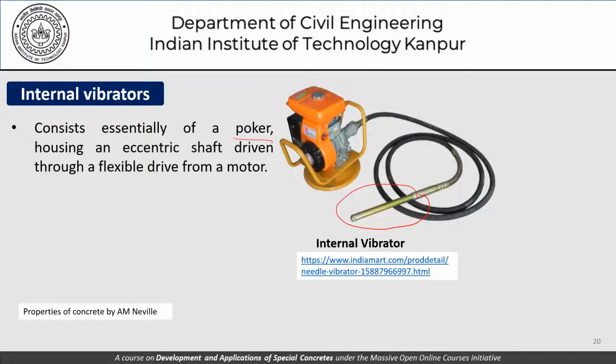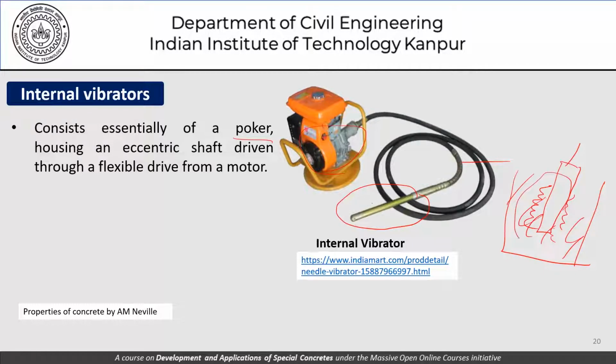So this is the motor, this is the flexible drive, and this is the poker, which is used to vibrate the concrete. We have a mass of concrete poured here, and we insert this poker and it vibrates the concrete around it. This is the basic mechanism. We are familiar with that.